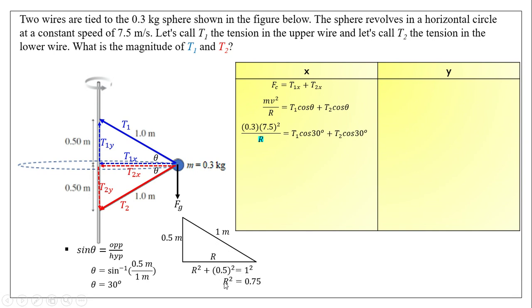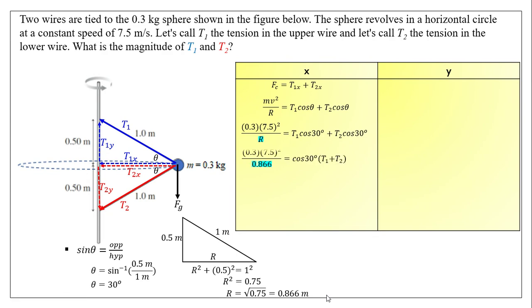So r squared equals 1, because 1 squared is 1, minus 0.25. This is positive, so when you move to the other side it becomes negative. So 1 minus 0.25 gives you 0.75, but this is r squared, so I need to square root r squared to get r by itself. So the square root of 0.75 is about 0.866 meters. Okay, so that's my radius of this horizontal plane.